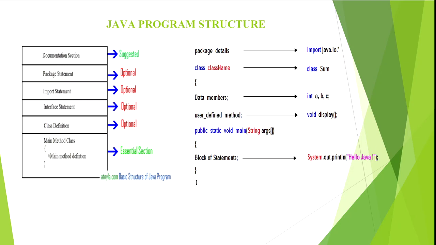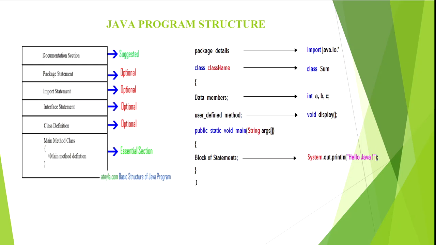Void. All of you are aware of void. It is the type modifier and it indicates that the function main does not return any value. String args is a command line argument to the method main. Here, args is an array of objects of the class String.